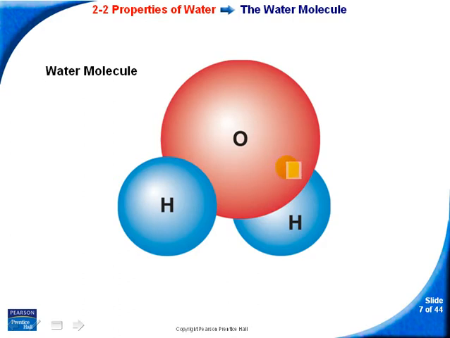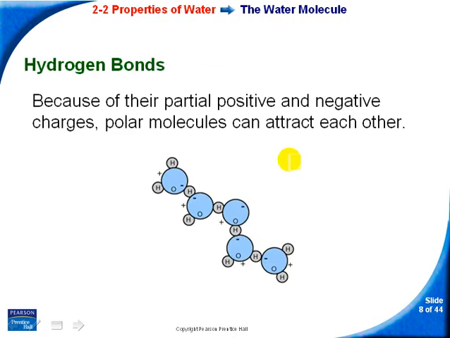There it is. Here's your water molecule, and because you have partial positive and negative charges, they will attract each other. One water molecule will want to stick to another water molecule, and the positive end of one water molecule, like for instance this hydrogen here, which is positive, will want to stick to the oxygen end, which is negative.